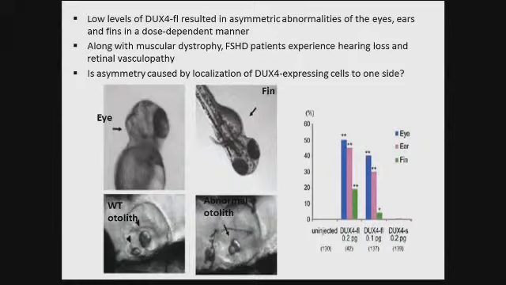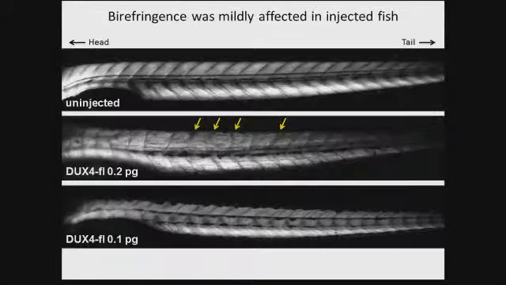This is actually quantifiable, and you can show that this is a phenotype that one sees as a result of DUX4 expression in these fish. In addition, these fish also have abnormal birefringence of their skeletal muscle, as you can see by the yellow arrows pointing to places where the muscle is disorganized. So at very, very low levels, you can recapitulate a lot of what one sees in the symptoms of FSHD in patients, in zebrafish.